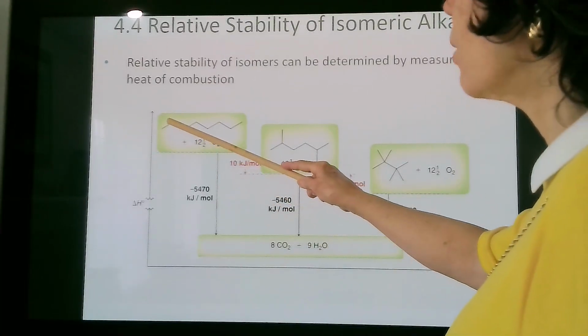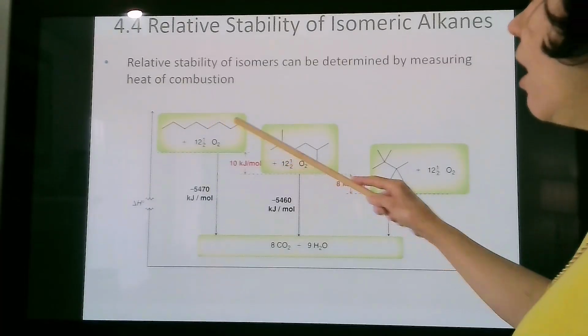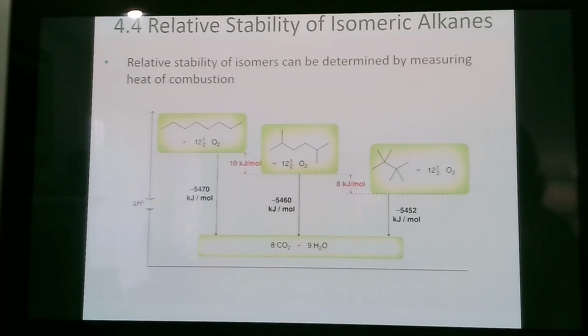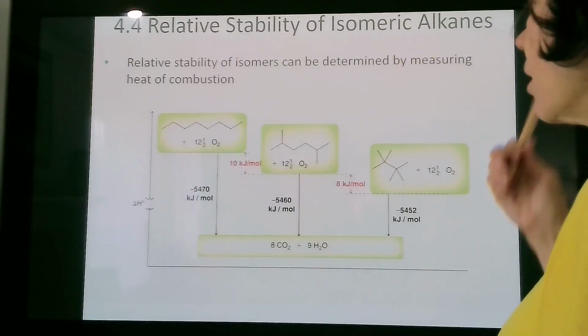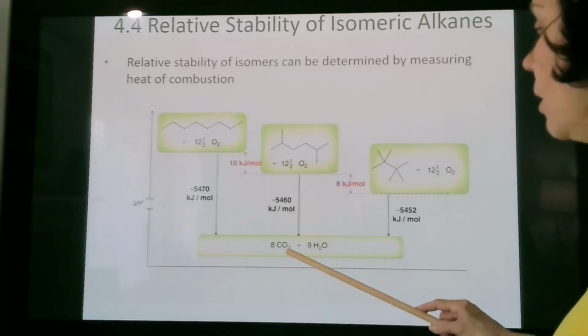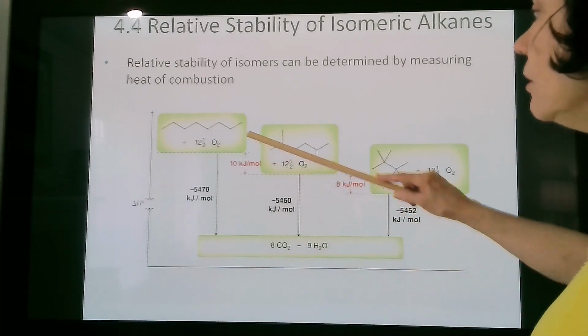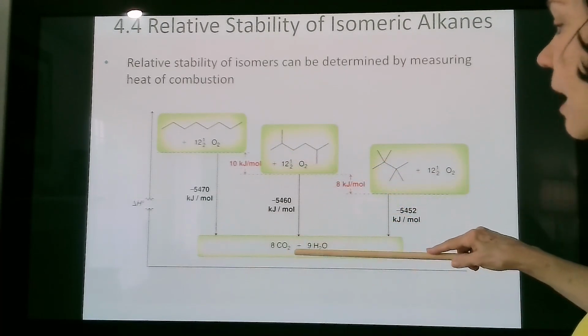And so these are 1, 2, 3, 4, 5, 6, 7, 8. So these are all isomers of octane. And so when oxidized, they are all going to go to 8 CO2 plus 9 H2O. So each of these goes to the same product.